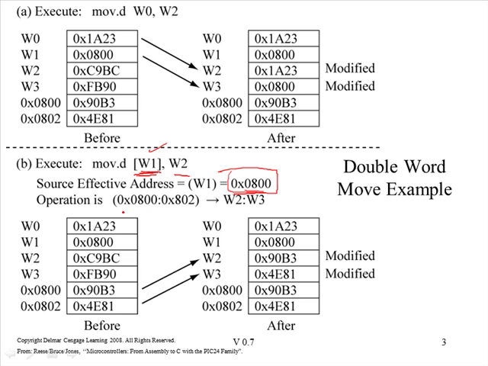So this is going to say move the double word beginning at 800, which is going to be 800 and 802, and move that to this register direct register pair, which is going to be W2 and W3. So we're going to look at location 800, which is going to have a 90B3. That's going to be moved to W2. The 16-bit word 4E81 at 802 is going to be moved to W3.